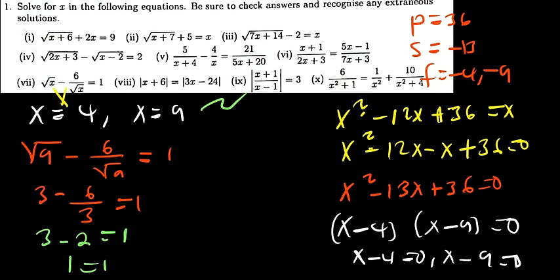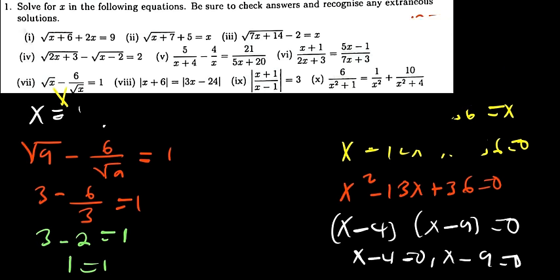Okay, we now move to modulus equations. So the first one which I have is the modulus of x plus 6 is equal to the modulus of 3x minus 24.